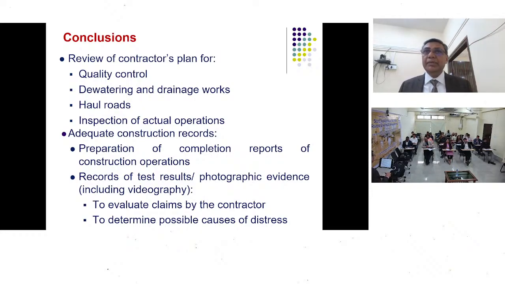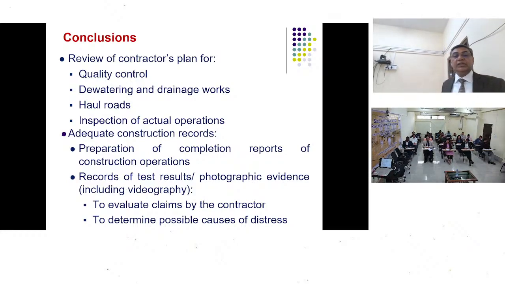There have been examples wherein some finer materials were placed on the shell material and were not removed, leading to development of pore pressures and failures also. All this indicates two things. Number one, either the quality control people are not there at site, or there is a lack of understanding even among the quality control people on the behavior of these additional materials which have been put for the construction processes.